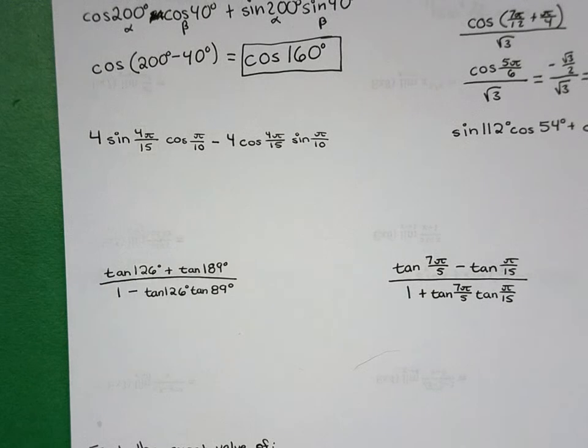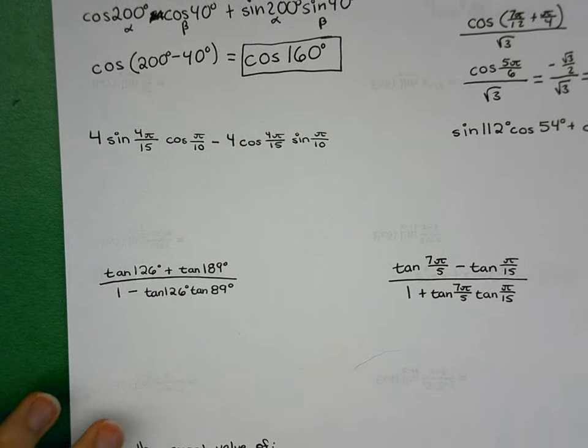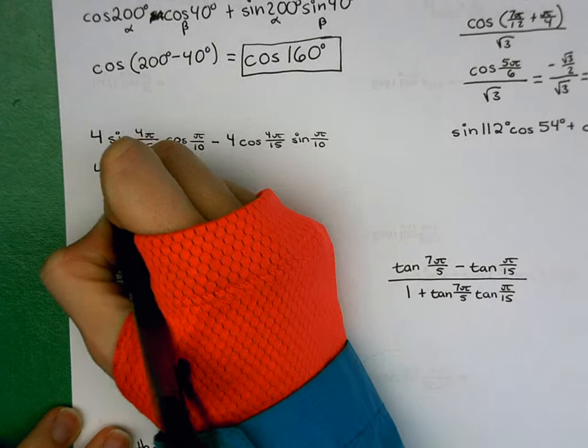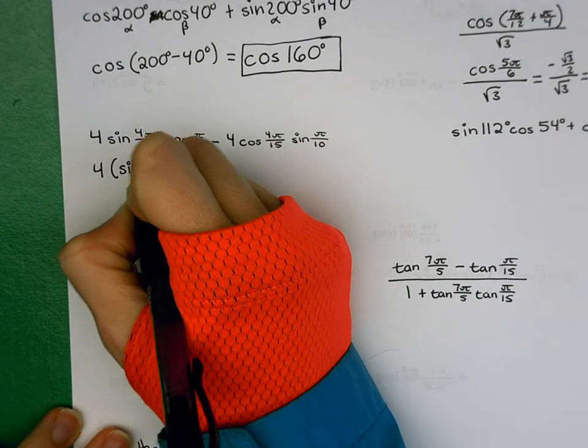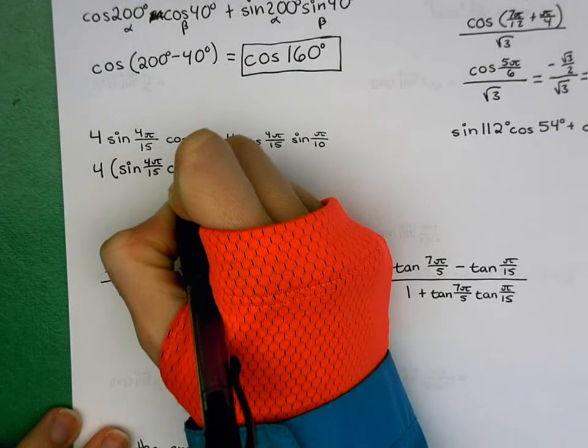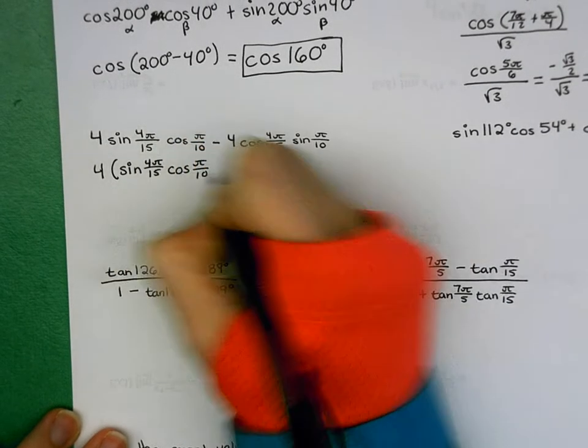As we look at our angle addition laws, this one looks the most like sine alpha minus beta. One small thing is that in the sine alpha minus beta rule, neither of them has a 4 in front, but that's easy enough to take care of. I can pull that 4 out, I should say factor it out.